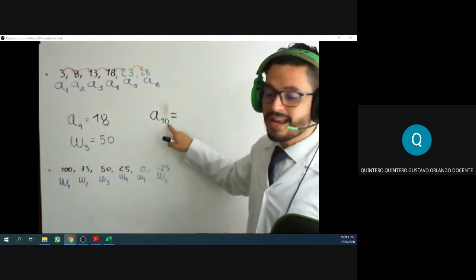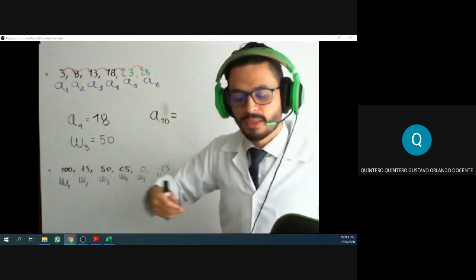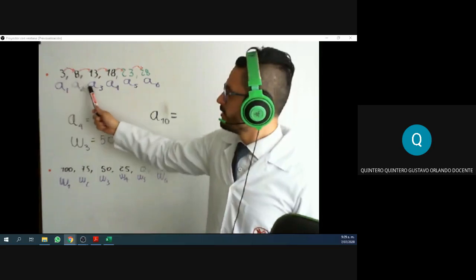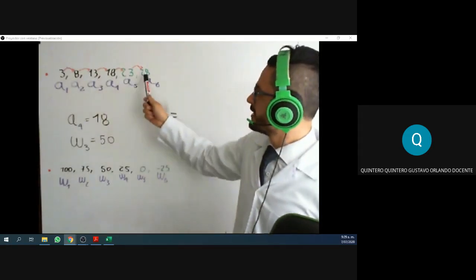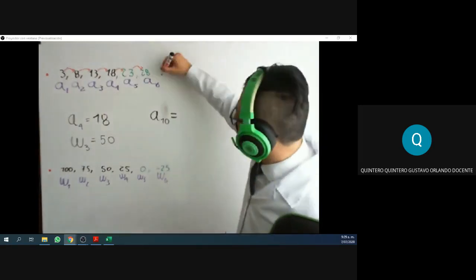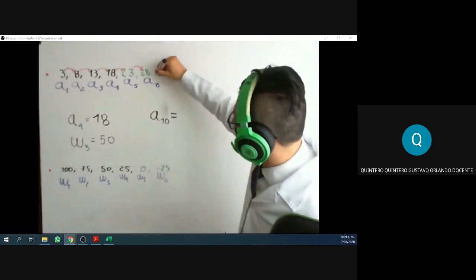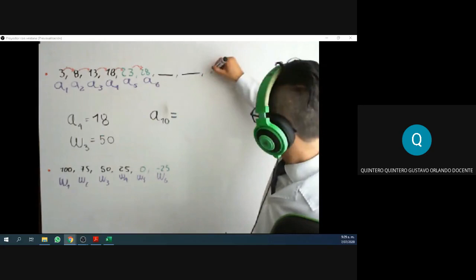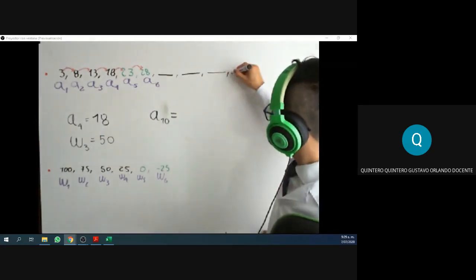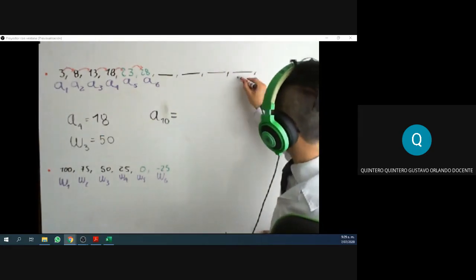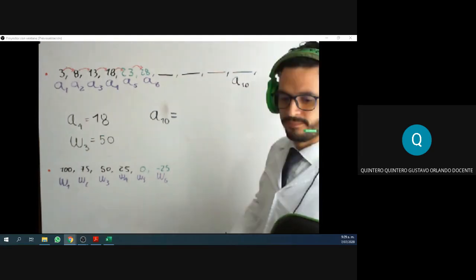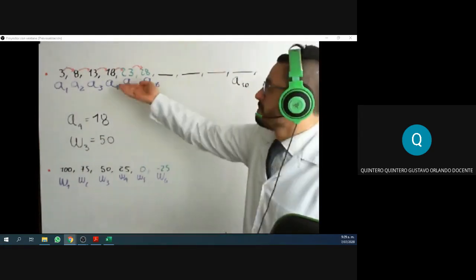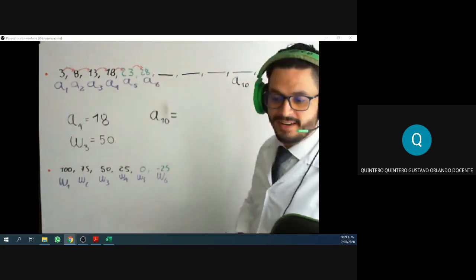So we are looking at the number that is in the 10th position. This is the number in the first, second, third, fourth, fifth, sixth position. Meaning we need to find the one that comes in the 7th position, the 8th position, the 9th position, and then the 10th position. That one is the one we are looking for, A10. All we have to do is continue the process, right?